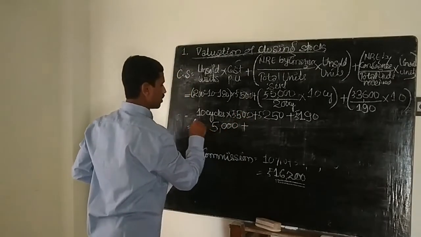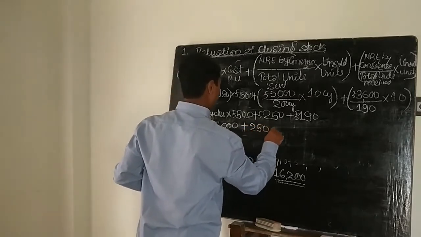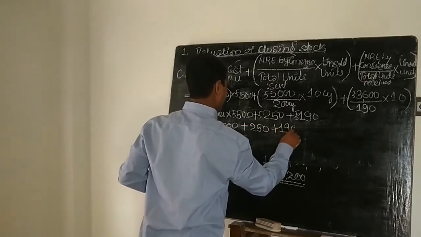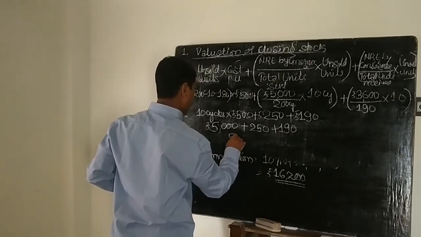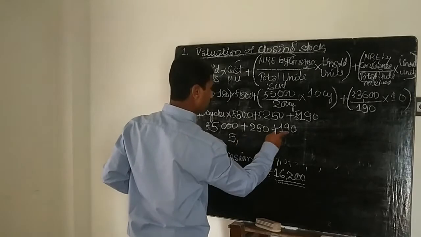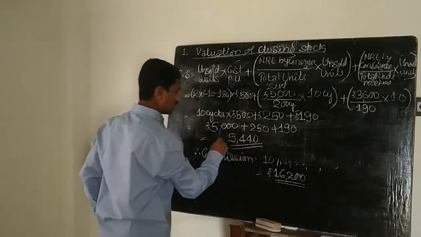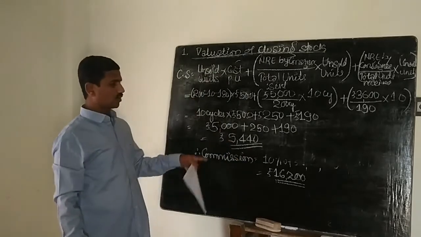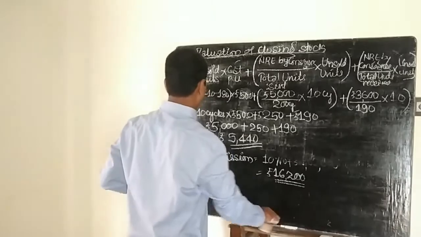So it is 5,000. So plus 250 plus 190 rupees. So the total will be 5,440 rupees. This is the amount of the closing stock.